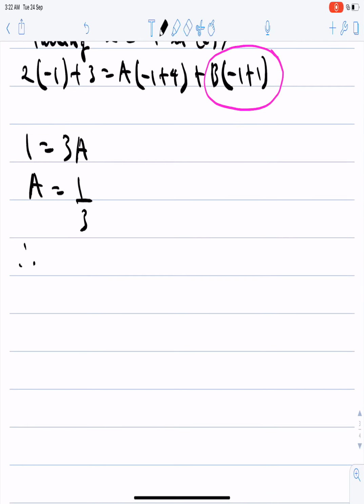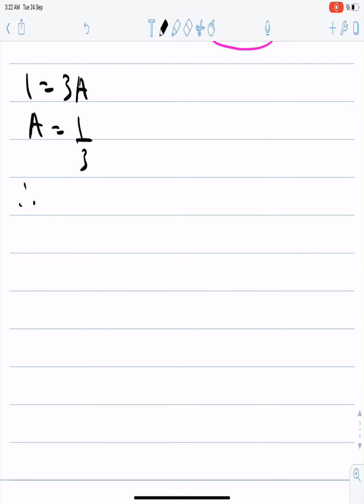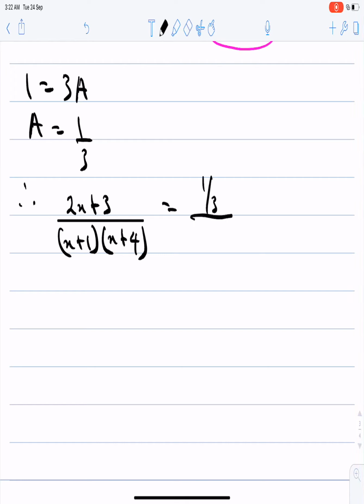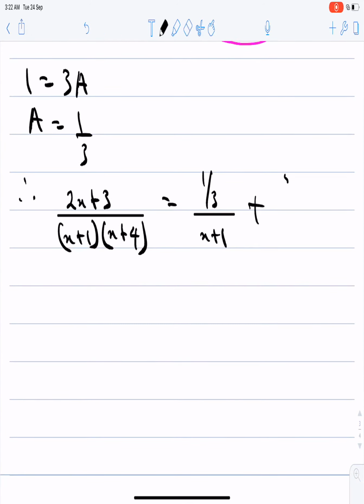Therefore, the compound fraction 2x plus 3 over x plus 1 times x plus 4 is the same as a over x plus 1, which is 1 over 3 over x plus 1, plus b over x plus 4, which is 5 over 3 all over x plus 4.